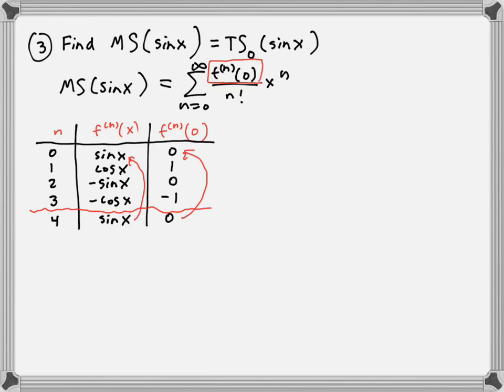We get our first term is 0, of course, so it's just going to be 0. And let me go ahead and actually write out the whole thing. So that's our first one. Next we get 1.